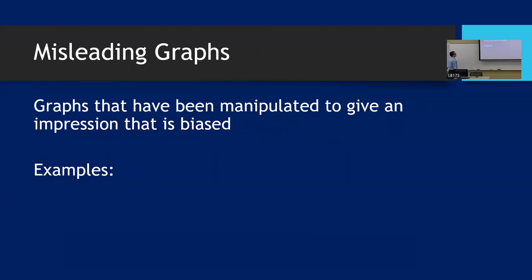So today we're going to keep in that idea about manipulating the way people see and view a data set. And one of the most common ways of manipulating the ways people see data sets is by creating graphs that might have misleading features.